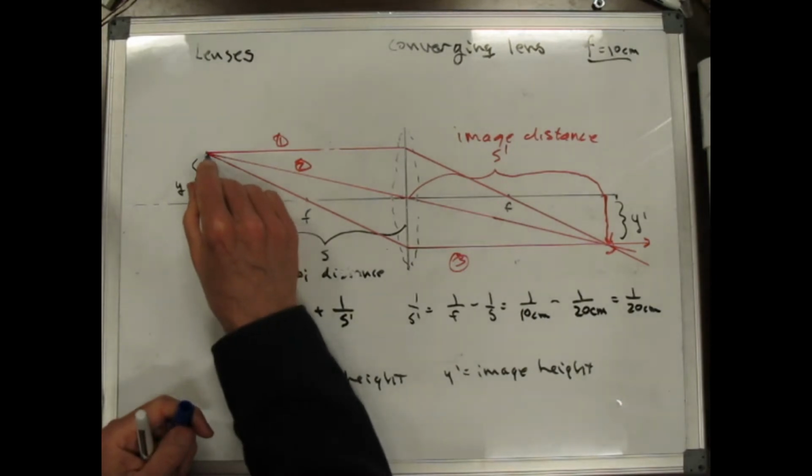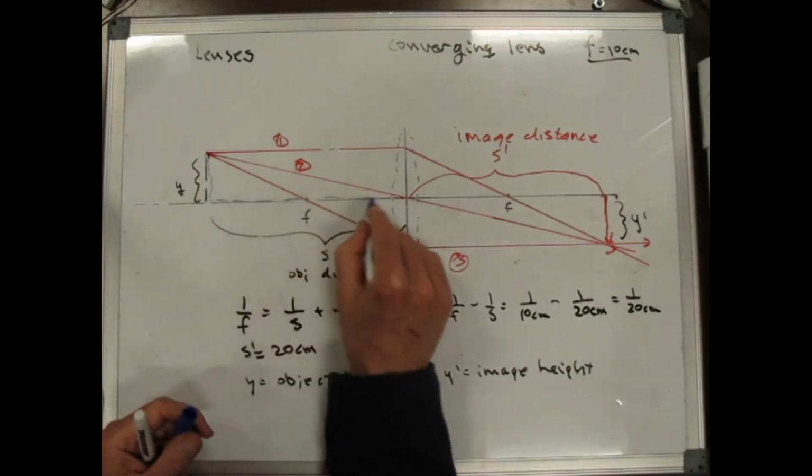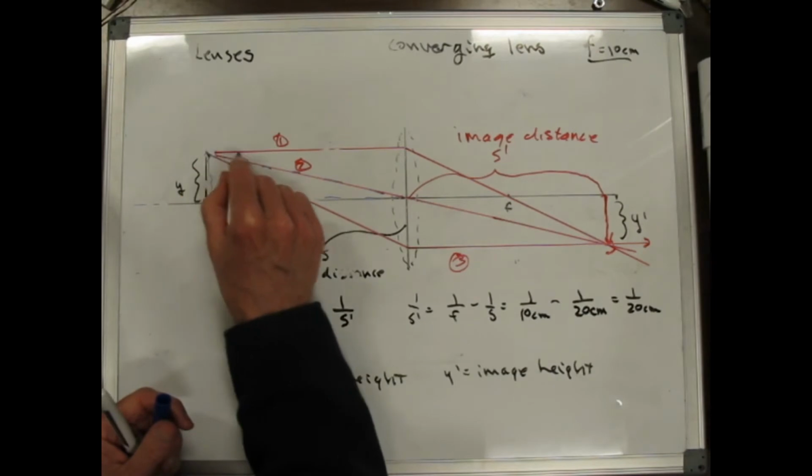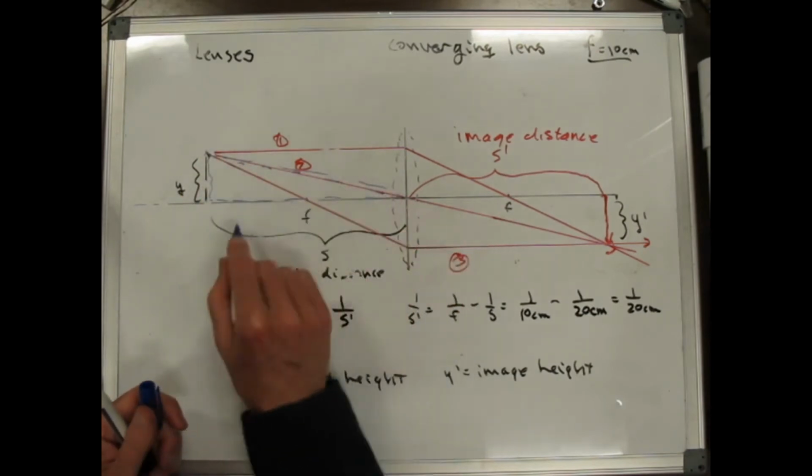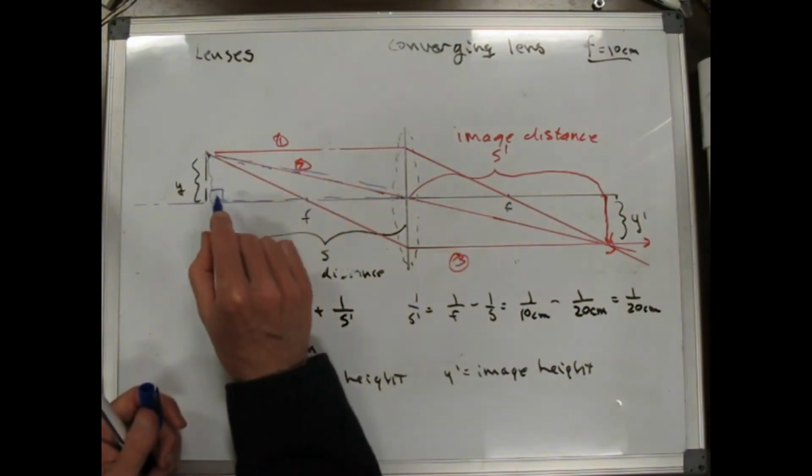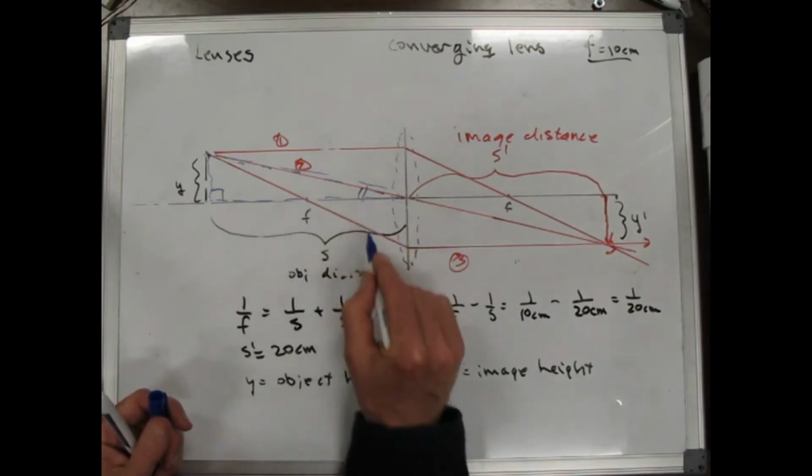There's a right triangle here that includes the object, the optic axis, and the ray that goes through the center. If you look at that triangle, it's got a right angle here, and I want to draw your attention to this angle.